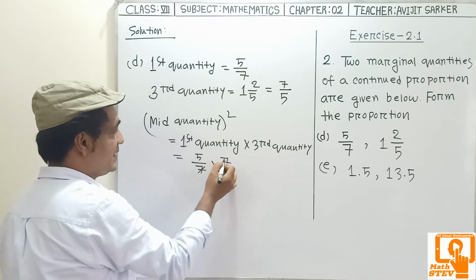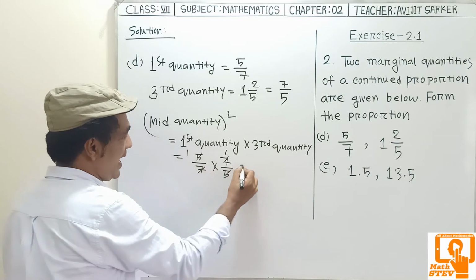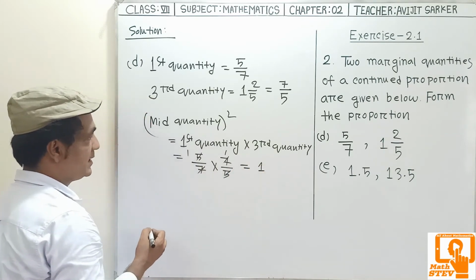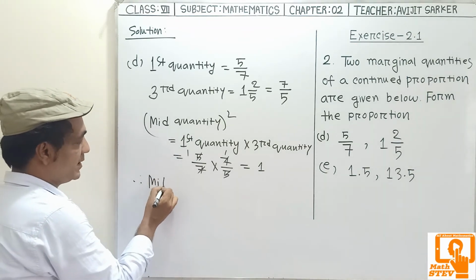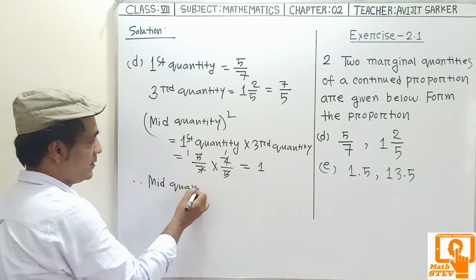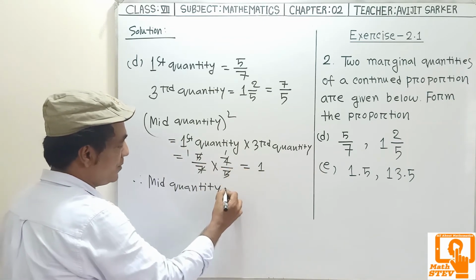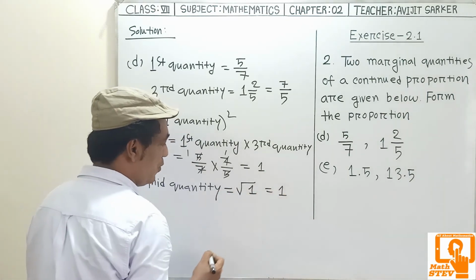This cuts with this, and the product will be only 1. This is the mid quantity square. Therefore mid quantity square equals 1, so mid quantity equals square root of 1, which is also 1.